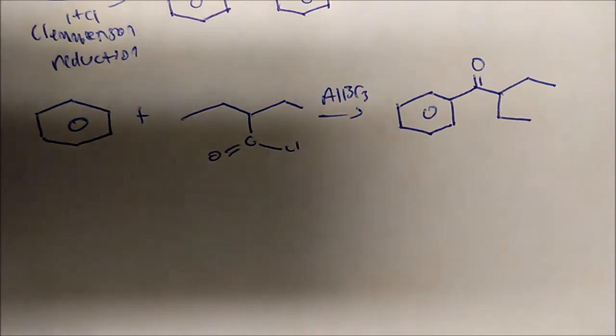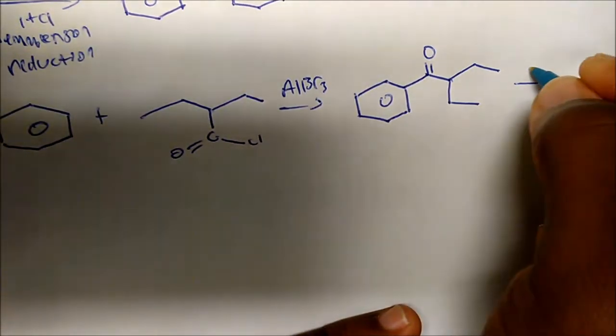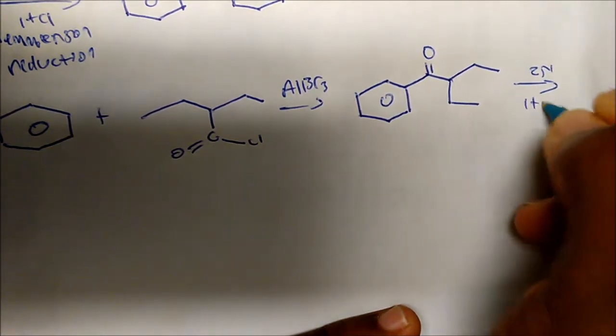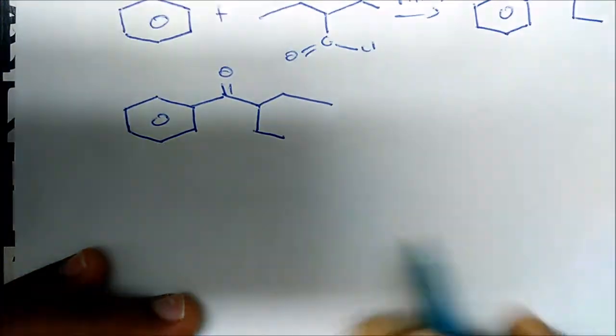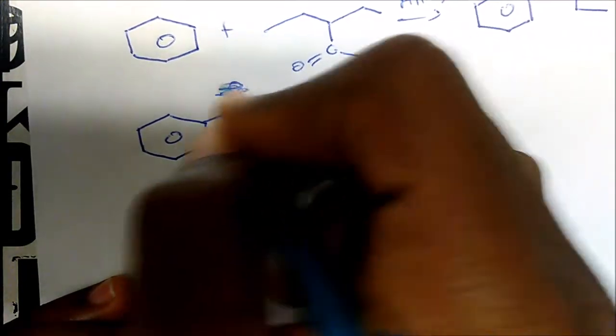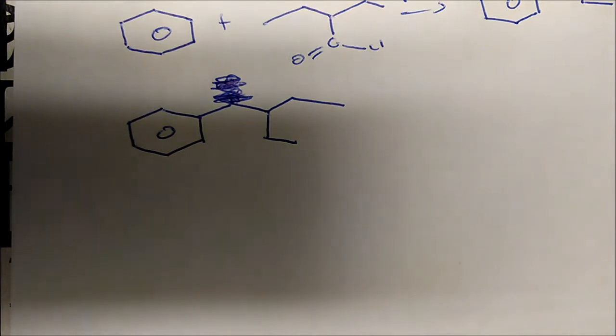So these reactions are pretty much straightforward. Again, say we want to reduce this ketone here. We use zinc and HCl, Clemmensen reduction again, and we get the ketone to disappear.